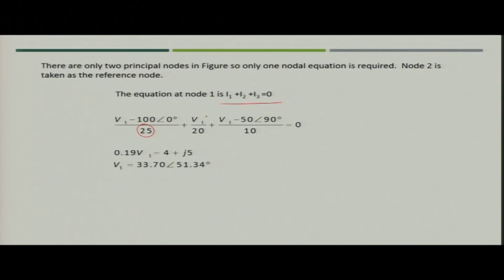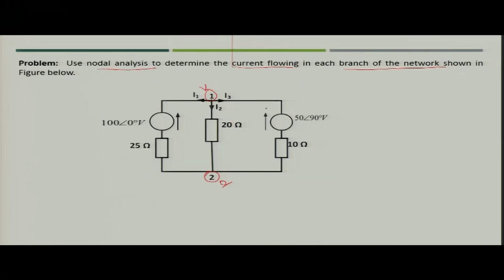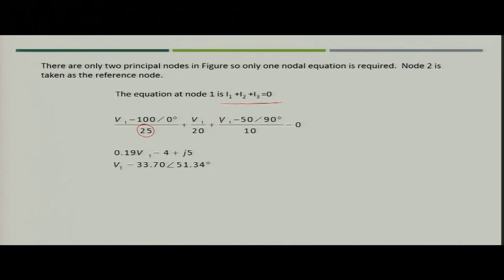So, I2 is nothing but V1 by 20. Now, what is I3? I3 in this case would be V1 minus the voltage divided by 10 ohm. So, that becomes now V1 minus 50 angle 90 degree divided by 10, and then I1 plus I2 plus I3 would be equal to 0.